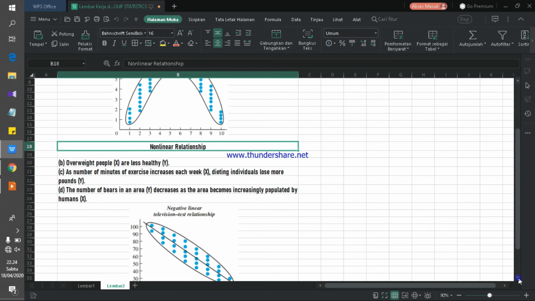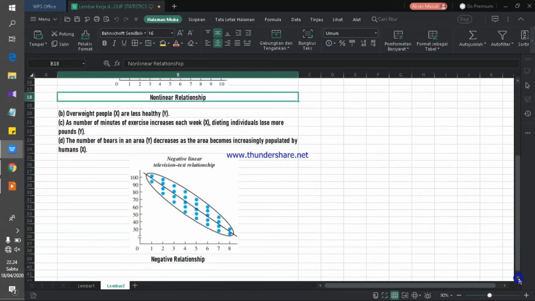Now, here is the question of part B. Overweight people, X, are less healthy, Y. So, here it means that overweight people are less healthy.